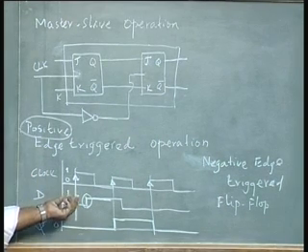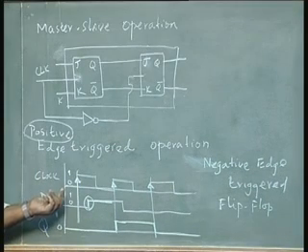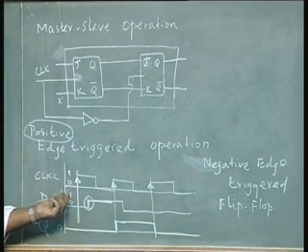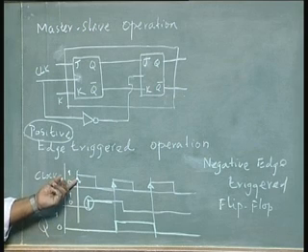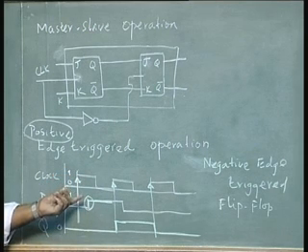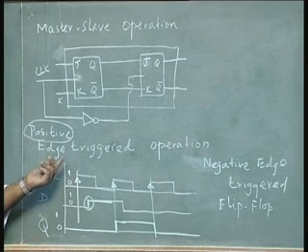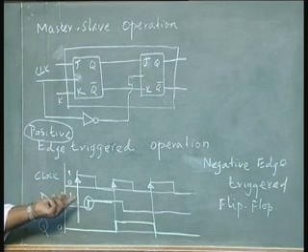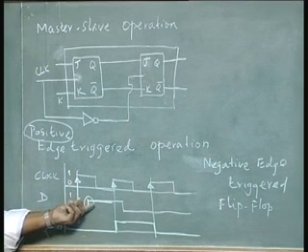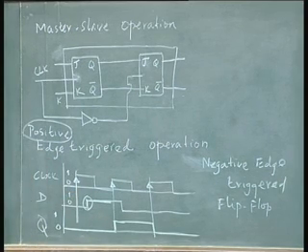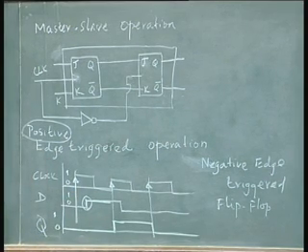On the other hand, we have edge triggered operation, where we allow the output to change based on the input only once in a clock period. It can be at the positive edge of the clock or the negative edge of the clock. In one case it is called a positive edge triggered flip flop, in the other case a negative edge triggered flip flop. And when doing so, we still have to worry about the speed of operation decided by the propagation delay, but we do not have to worry about the toggling condition and all that racing condition.